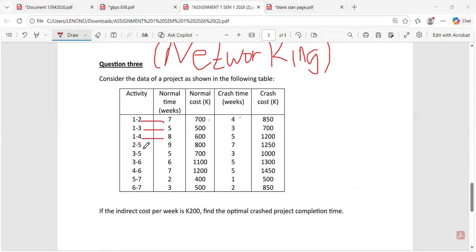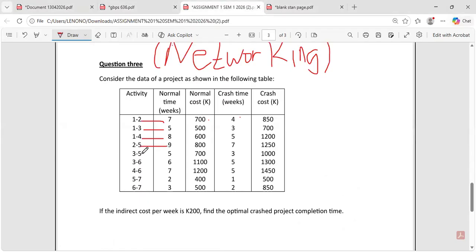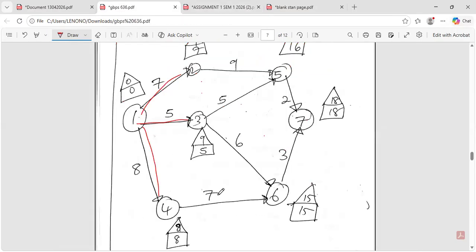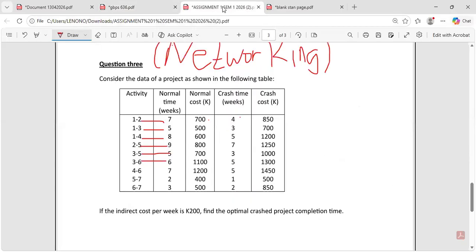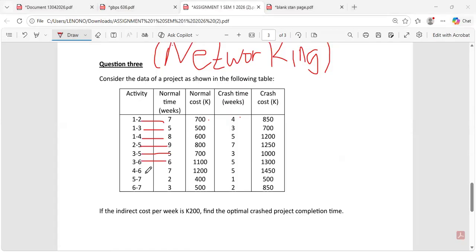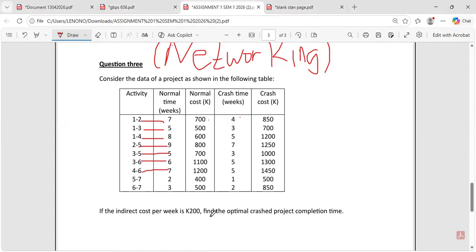Then we have 2 to 5, 3 to 5, and 3 to 6. Then also we have 4 to 6, which is 7 there.